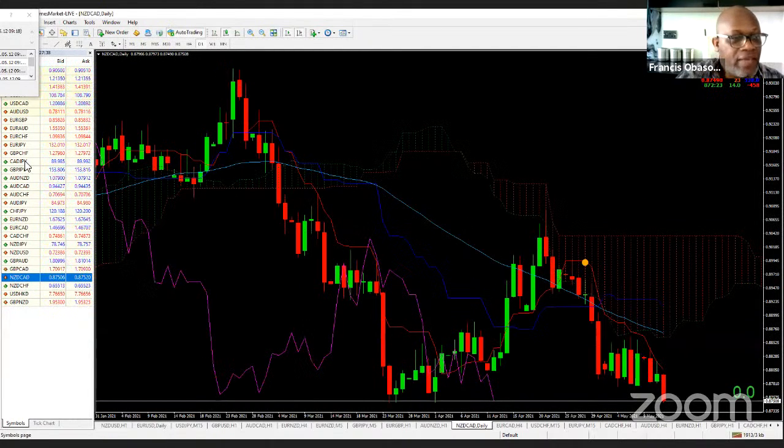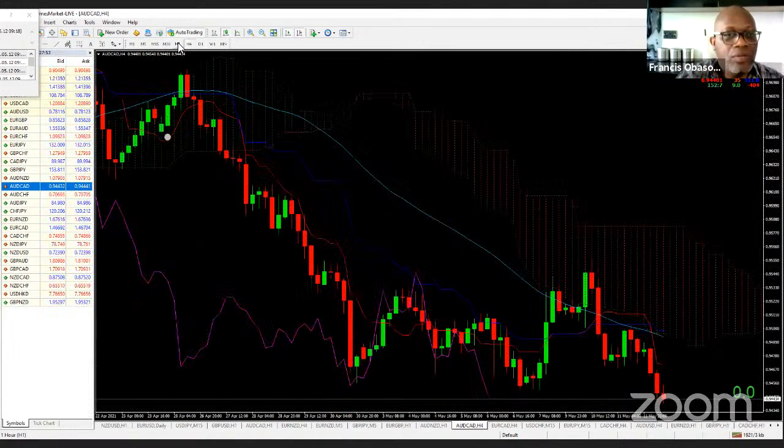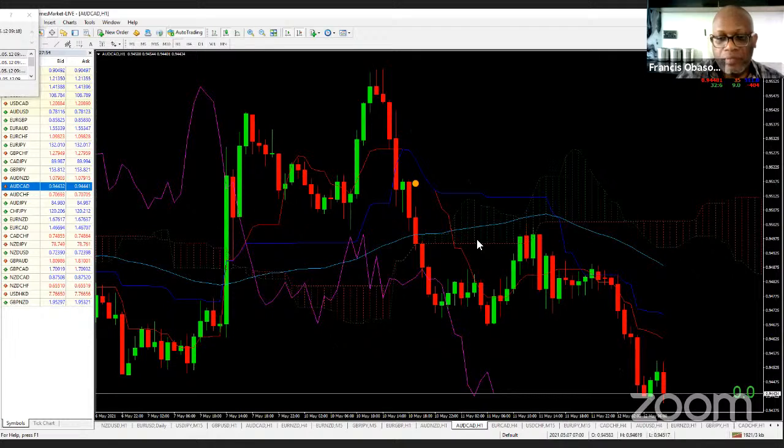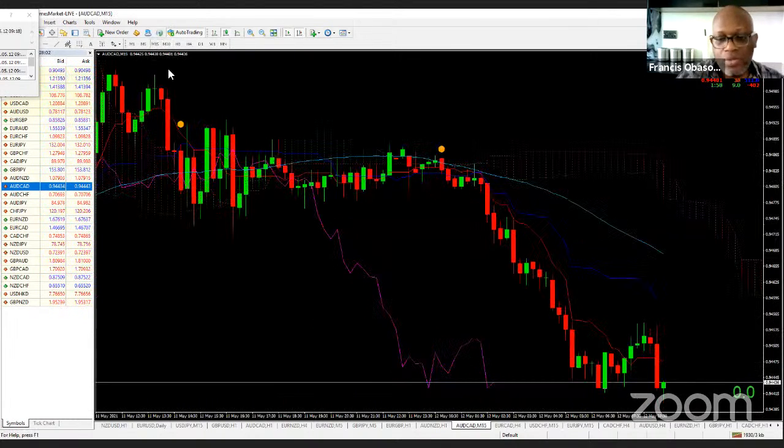Okay, that's fine. Even the Aussie CAD, let's see. The Aussie CAD, as we can see here, is also dropping. So we'll be looking to see which one we can get into. We just have to be sure it hasn't pushed down too much yet.